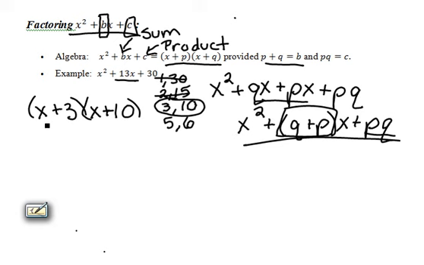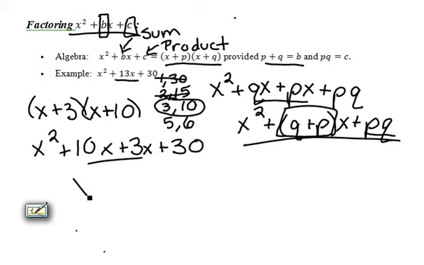So if I check this by multiplying, I would take my x times x, which is x squared, multiply my 10 times x to give me 10x, and then the 3 times x is 3x, and finally 3 times 10 gives me plus 30. Going through and combining my like terms, I can see that I do get back to my original trinomial, which was x squared plus 13x plus 30.